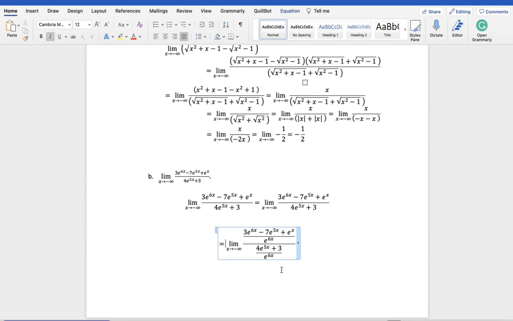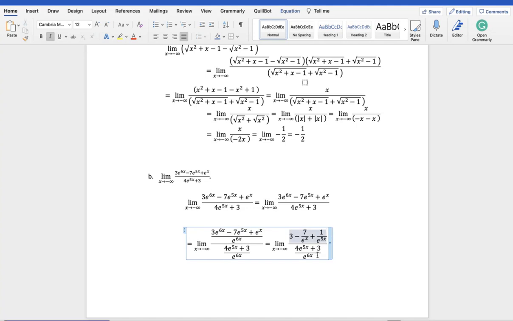Yes, you divide by the highest degree, both in the numerator and in the denominator. And then when you do that, it would simplify, right? In the numerator, you would get 3 minus 7, right? Divided by e to the x, plus 1 over e to the 5x.